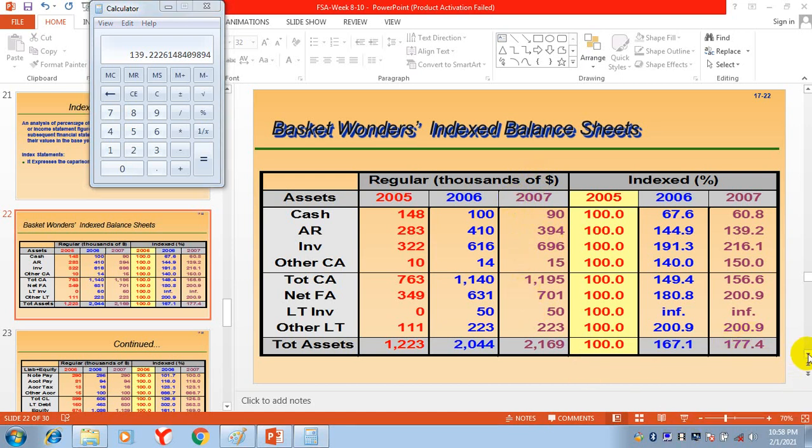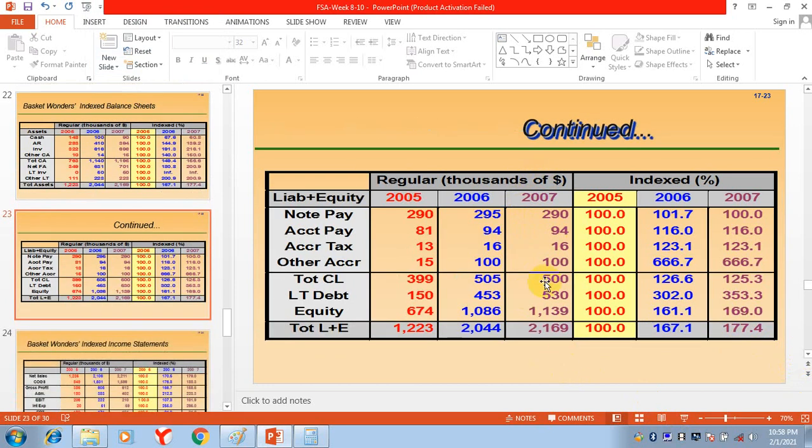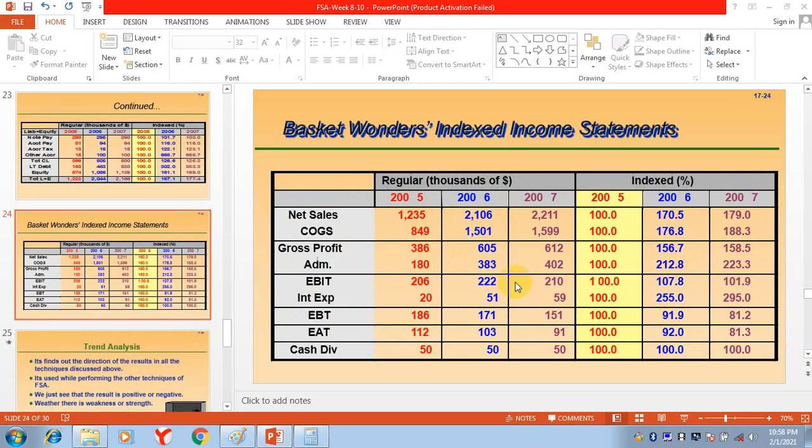Same is the case of the income statement. Sorry, this is the liability side. So 2005 will become 100. This divided by this, this divided by this. In this way, we will convert it to percentages. And same is the case of the income statement. This year's income statement will be 100.